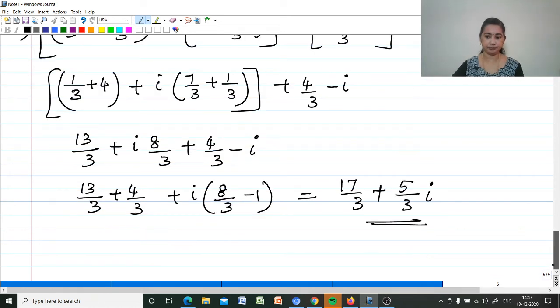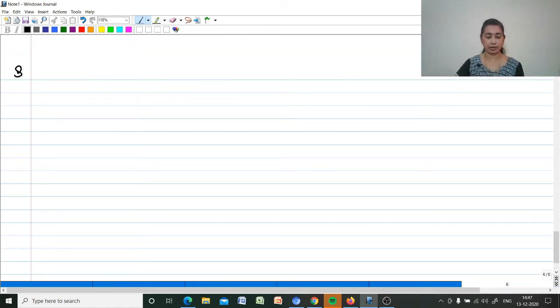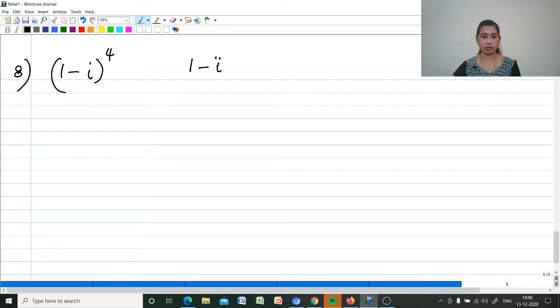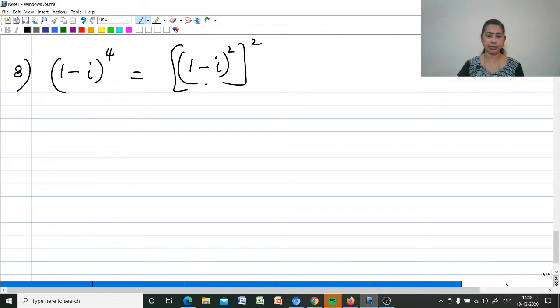Now next one, question number 8. (1 − i)^4. So (1 − i)^4 is the same as ((1 − i)^2)^2. So (1 − i)^2 we can expand. That is equal to 1^2 − 2i + i^2.